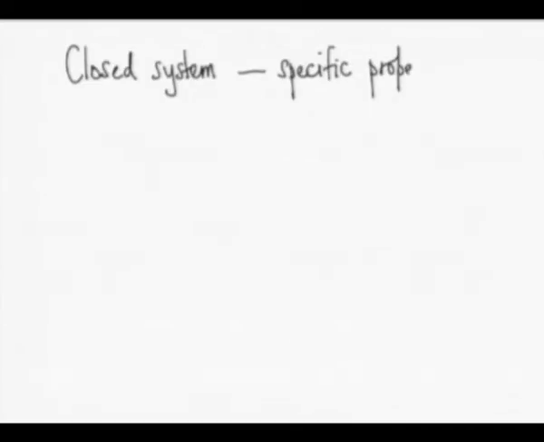Since we are going to have a closed system for our study, we often will work with specific properties. That means we might as well consider the system to consist of a unit mass of content.